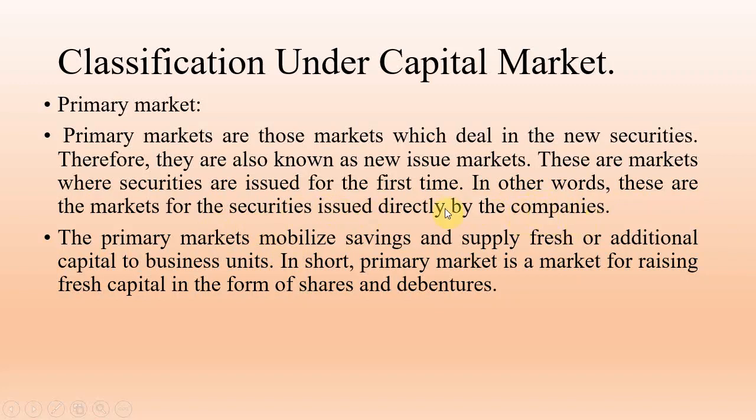Primary market mobilizes savings and supplies fresh or additional capital to business units. In short, primary market is a market for raising fresh capital in the form of shares and debentures.